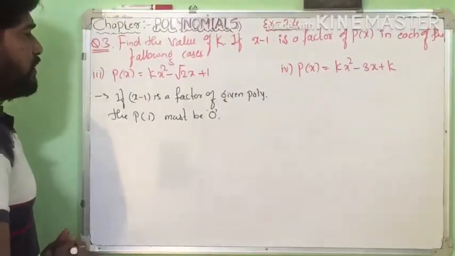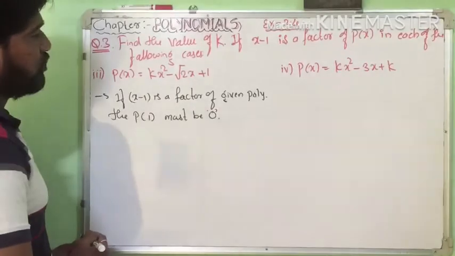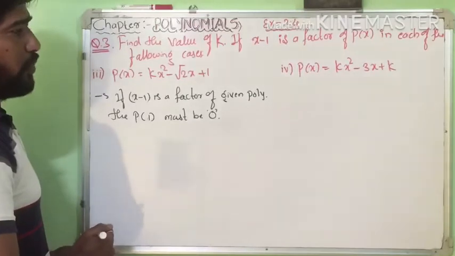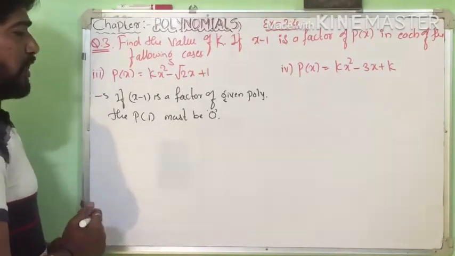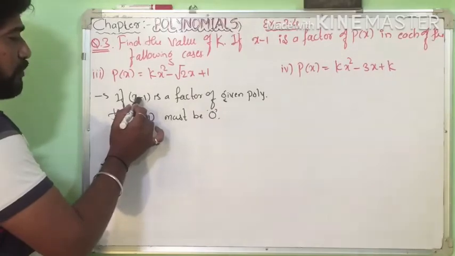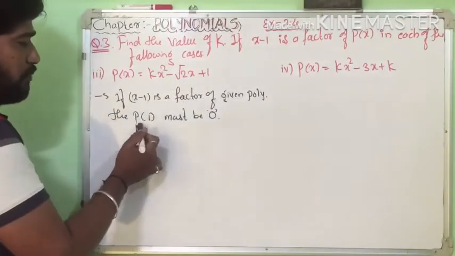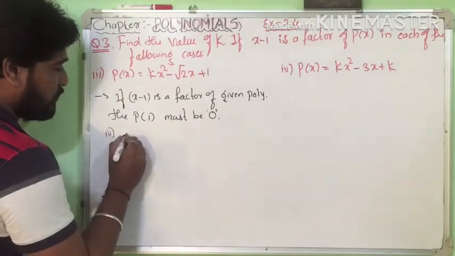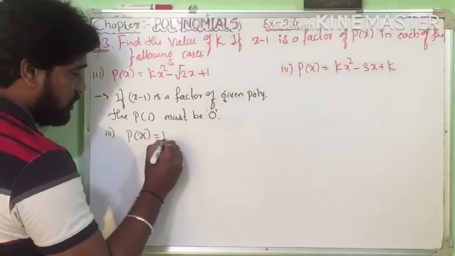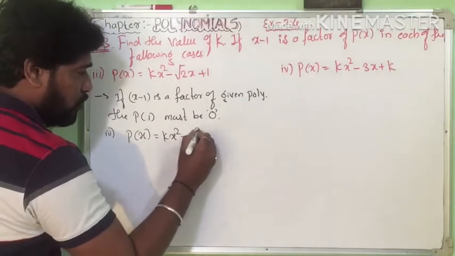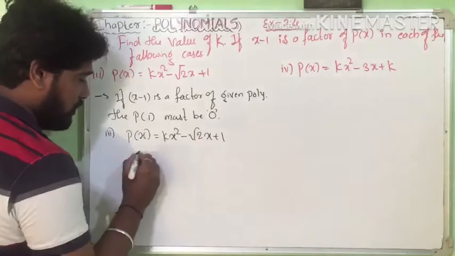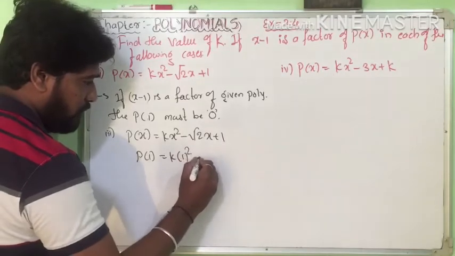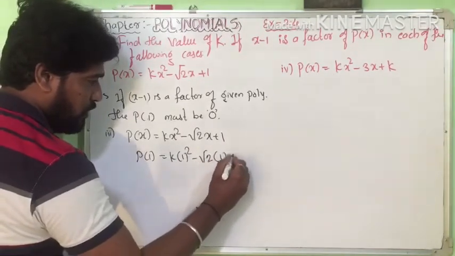Well students, the third problem is p of x is equal to kx square minus root 2x plus 1, right? So here also x minus 1 is a factor of the given polynomial. It means p of 1 is 0. So if x minus 1 is a factor of the given polynomial, then p of 1 must be 0 here, right? So the third one we can solve here. Write down the given polynomial p of x is equal to kx square minus root 2x plus 1. Then p of 1, x is replaced by 1: k times 1 square minus root 2 times 1 plus 1.